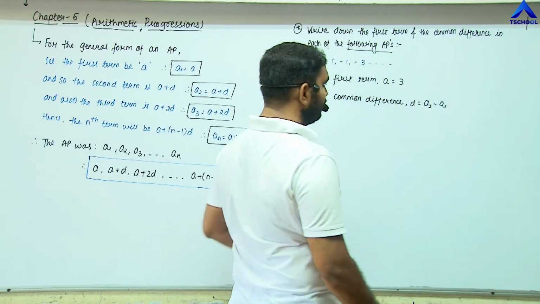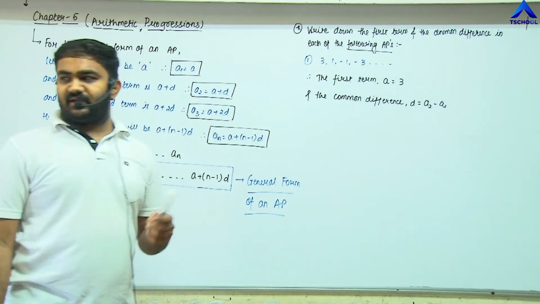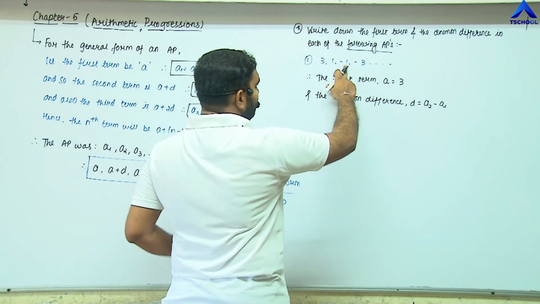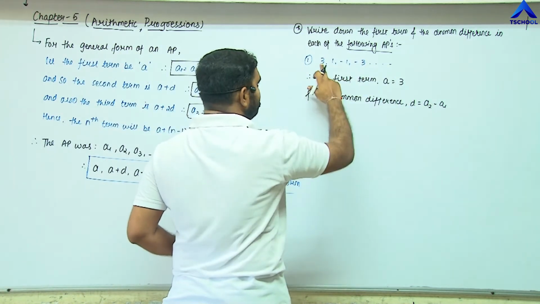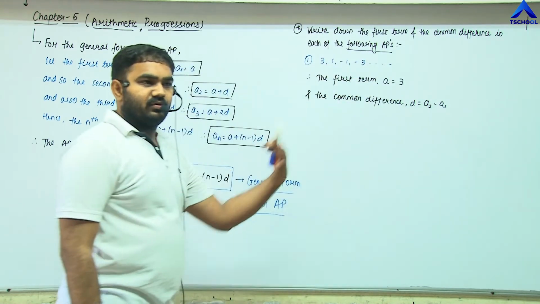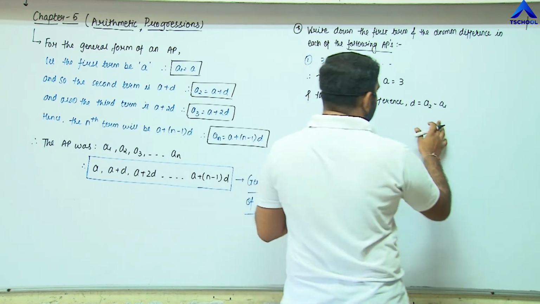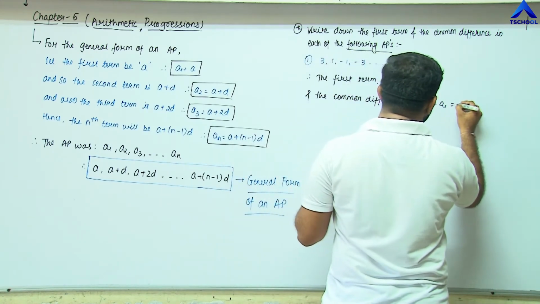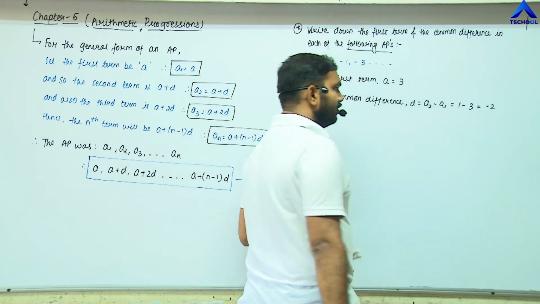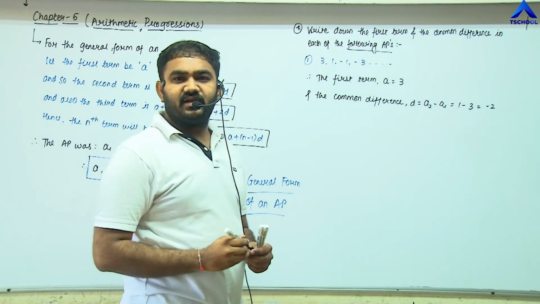What is a2? For that, first of all, we need to recognize the terms. Here, this will be the first term, this will be the second term, third term, fourth term and so on. So that is a1, a2, a3, a4 and so on. Is it clear, friends? So that is a2 minus a1, which equals 1 minus 3, and that is minus 2. So we got the common difference here as minus 2.